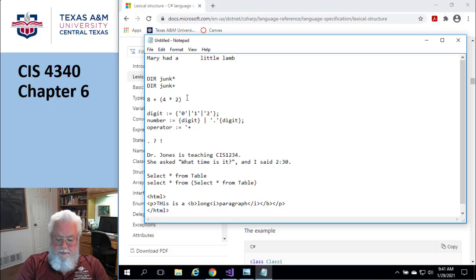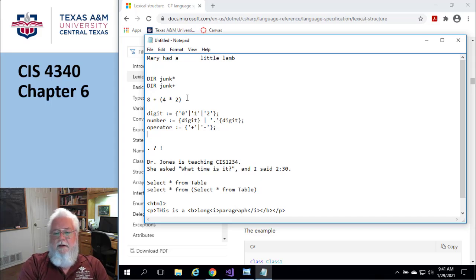For my little calculator. Or a minus sign, or whatever. On and on and on. Okay, is that making sense? And so if I kept going at this and maybe throw in the grouping, I would have a thing called an expression. Or an expression would equal a number with an operator. And another number.